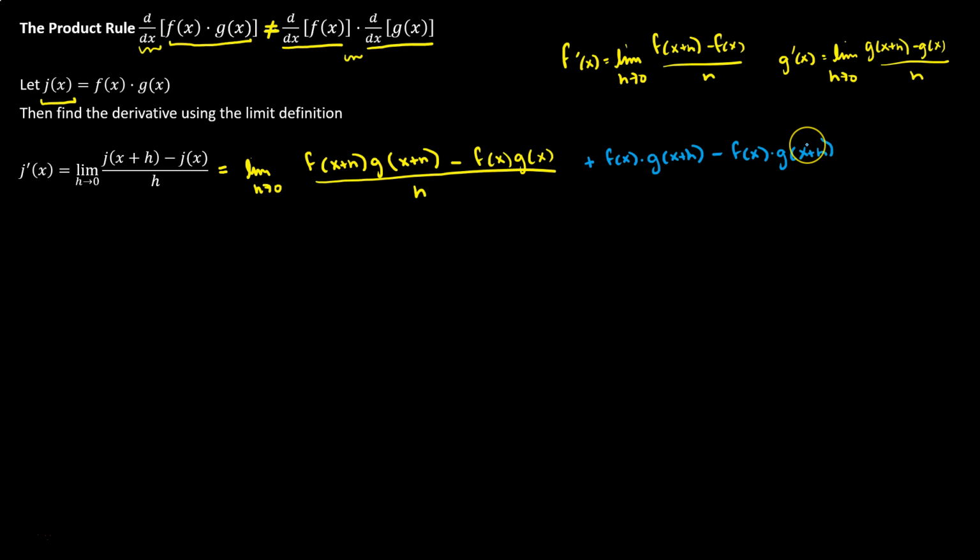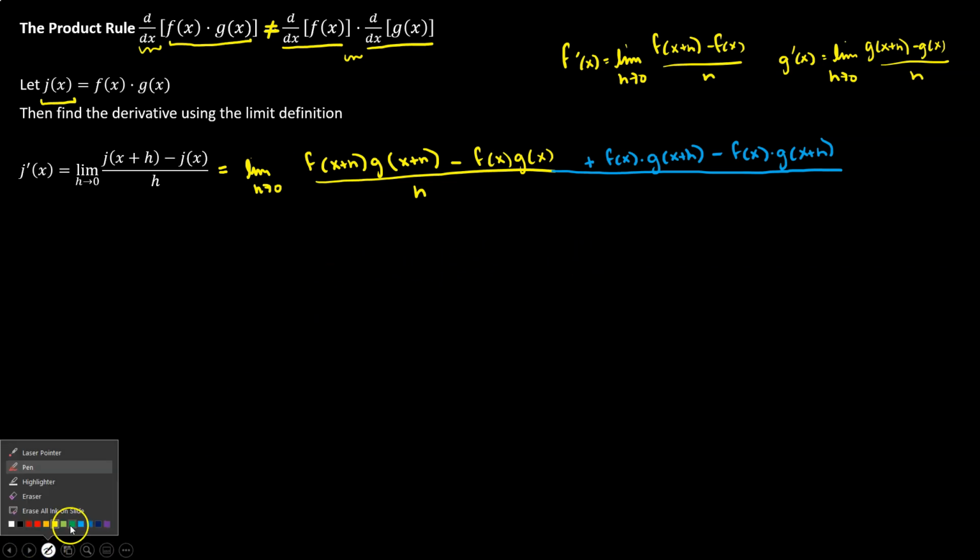And the reason why we're adding and subtracting that exact same term is because if we do that, it's essentially like what we have written in blue is 0. So we're not changing the value of our limit. We're just being really sneaky about what we're doing. And I am adding that into my numerator. So this entire expression is over the denominator h.